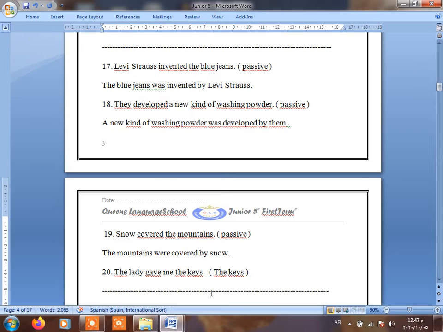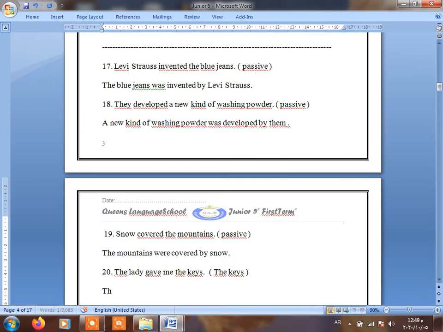Okay, number 20. The lady gave me the keys. So here I have two objects. I have "me", the first object, and I have "the keys". So I will answer the sentence in both ways, the two answers. Here I'm asked to start with the keys. So it's the second object, so I have to add a preposition.